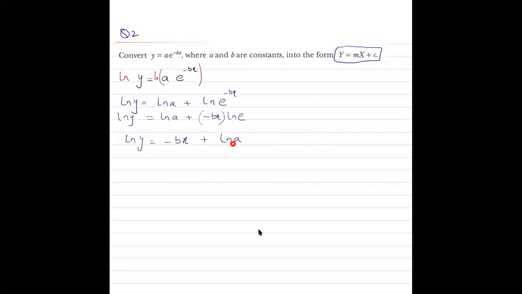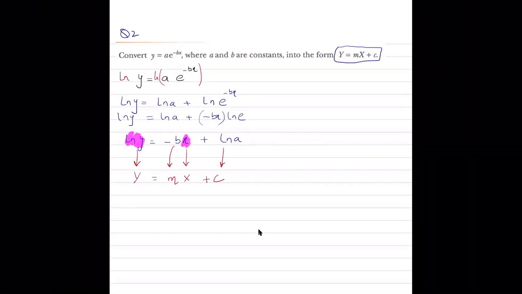Ln a term is independent of x and y, and this is minus bx. So if you pay attention over here, you are going to realize that this is your capital Y and this can be your capital X. So this value of minus b will result in gradient, and this value of ln a is going to be your y-intercept.